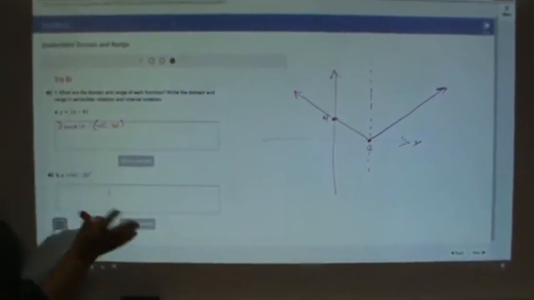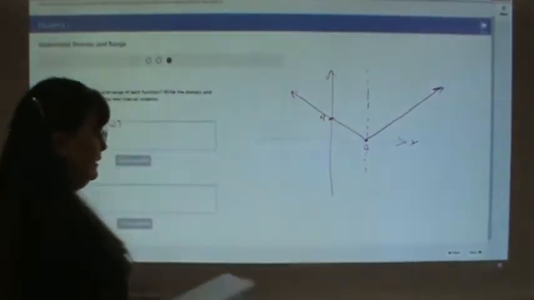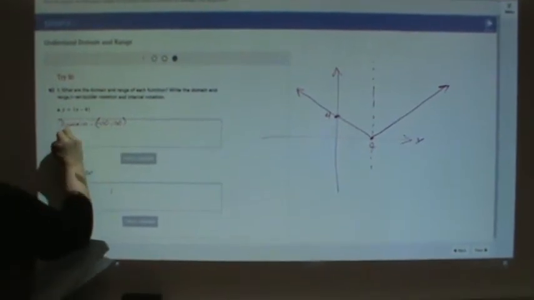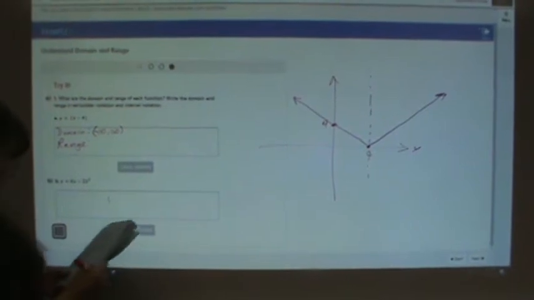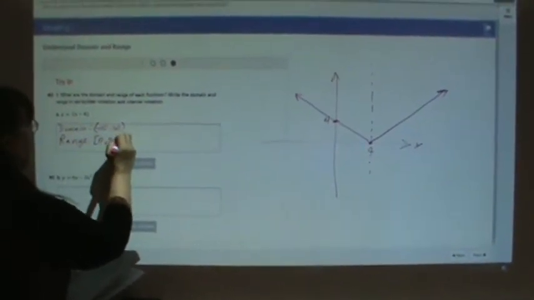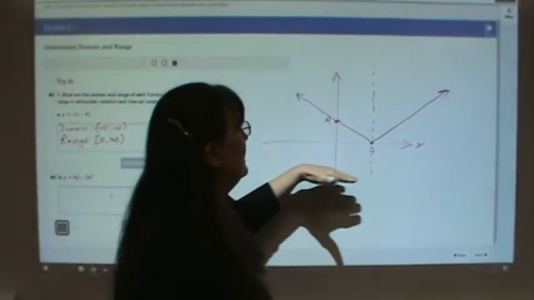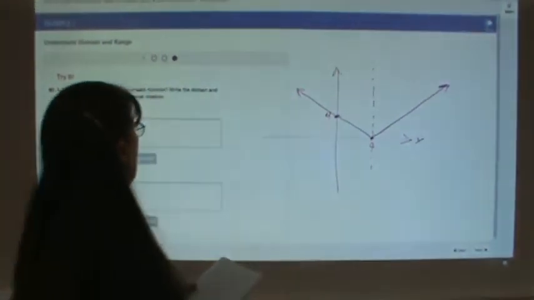In other words, I can put any x value in here and come up with the y value. The range is going to be 0 to positive infinity. So in other words, there are no negative y values, only values that are at 0 or above.